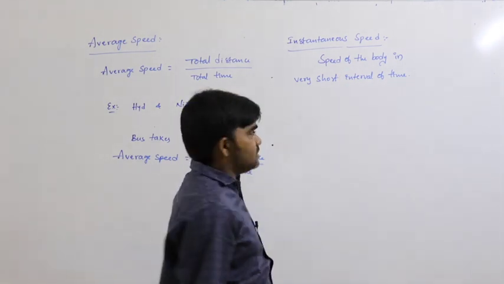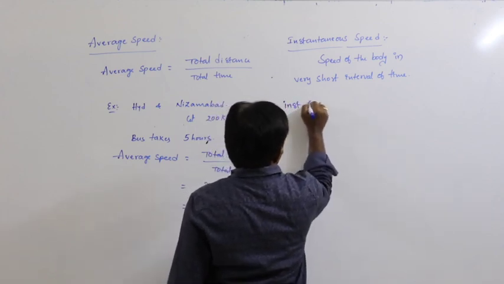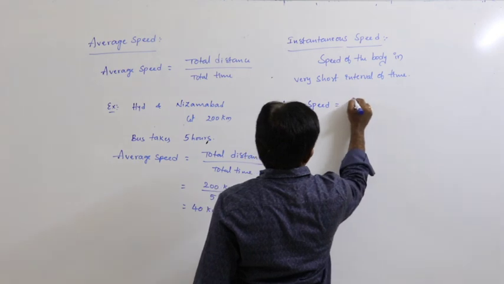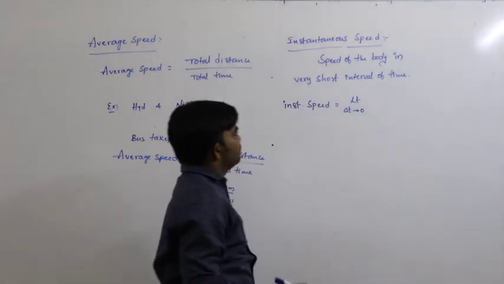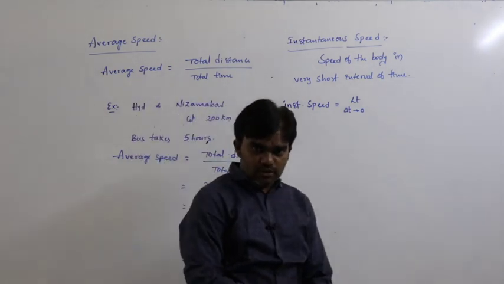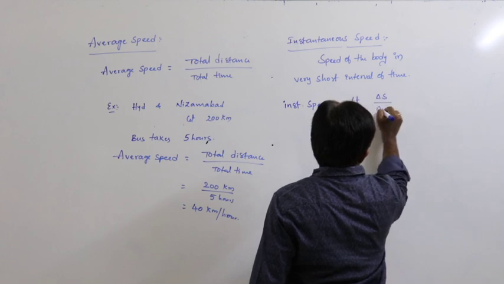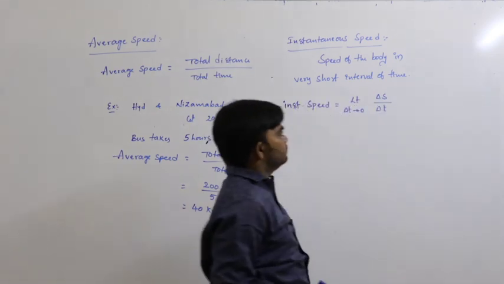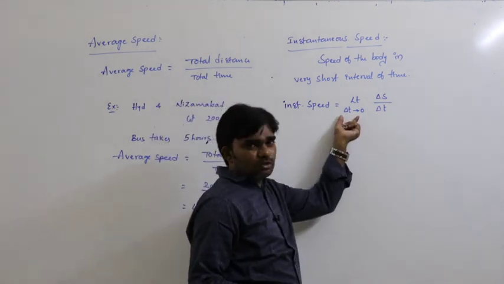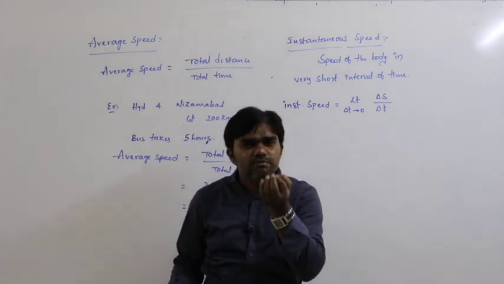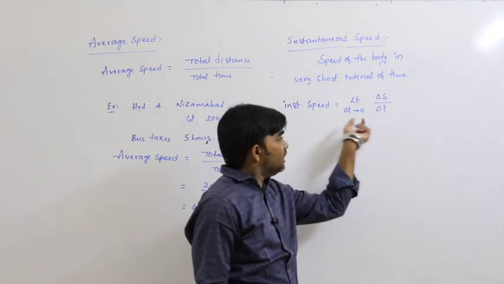Then how can you define this? See here. Instantaneous speed is equal to the limit as delta t tends to 0 of the change in position divided by the change in time. Delta t tends to 0 means a very small interval of time, maybe less than 1 second, nearly equal to 0.